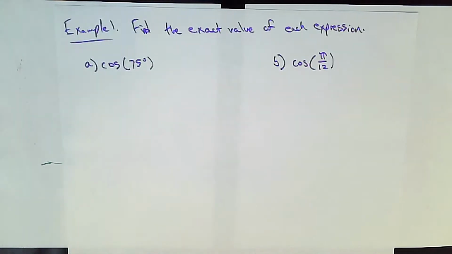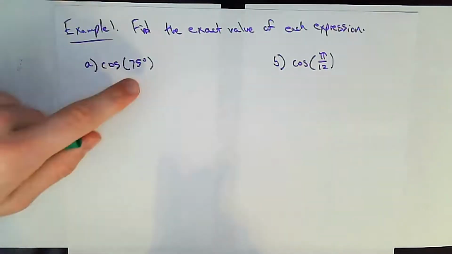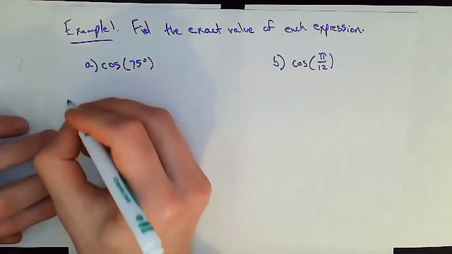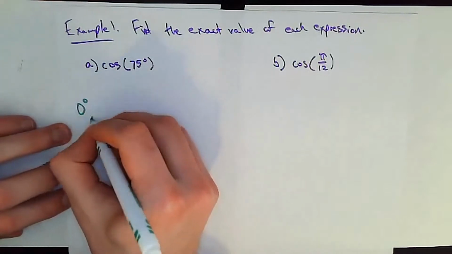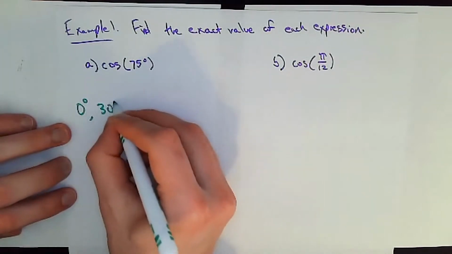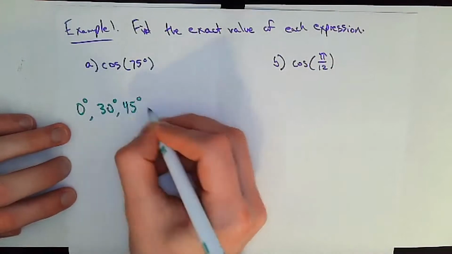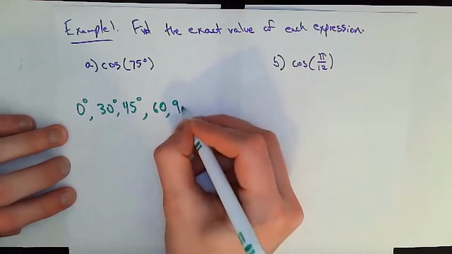Our common angles that we know in degrees, which we haven't thought about in a while, are 0, 30, 45, 60, 90.